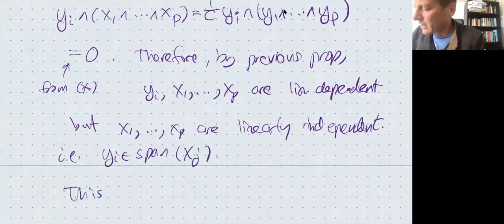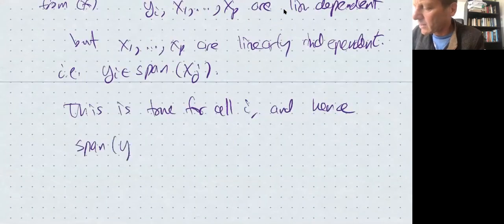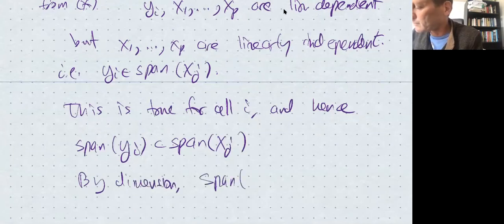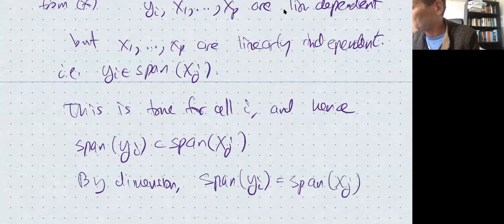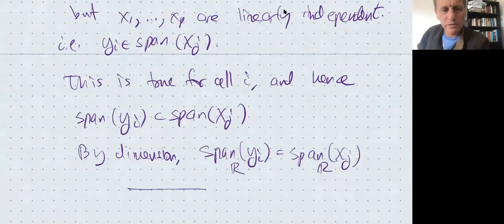This is true for all i, and hence the span of the yi's is contained in the span of the xj's, and by dimension, they have the same dimension, so we get that they're equal. Any questions about this?